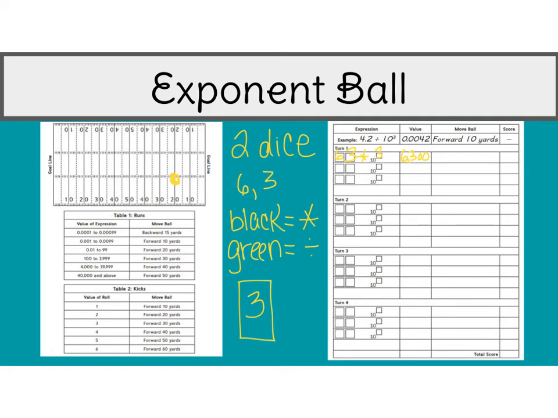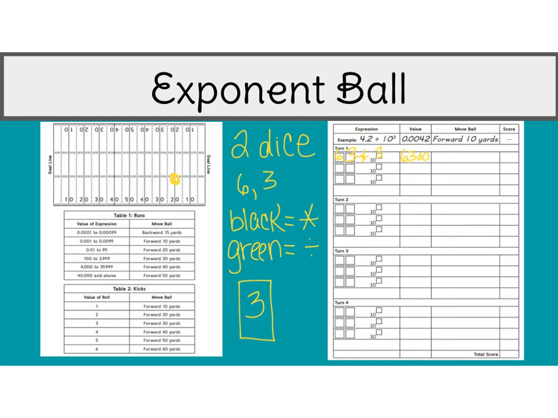So then we're going to go over to table 1, and we're going to locate where 6,300 would fall. So I'm looking. 6,300 is going to be between 4,000 and 39,999. So that means that I would go forward 40 yards.